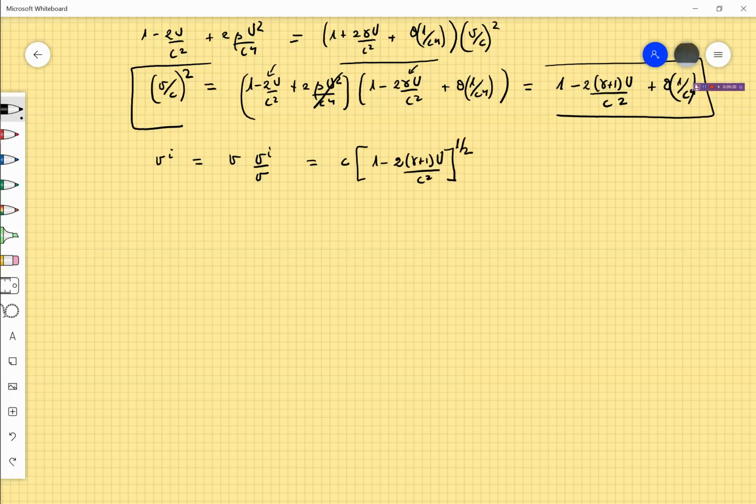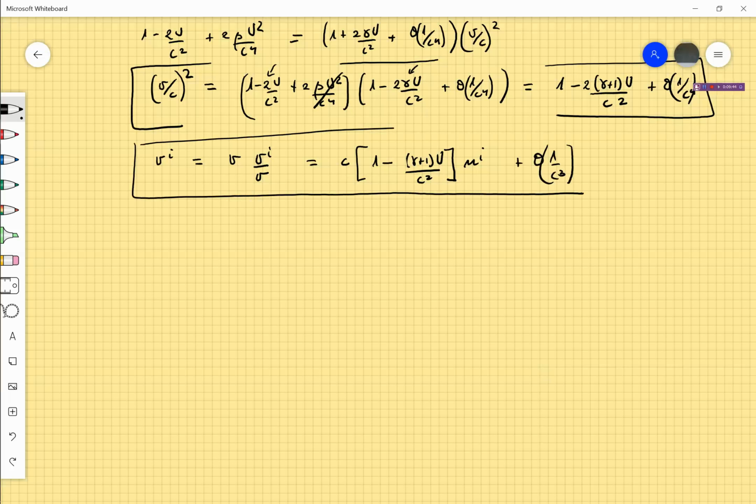So we can approximate it to this order like this. It's just minus, and we call v^i divided by v n^i, plus terms of order 1 over c cubed.